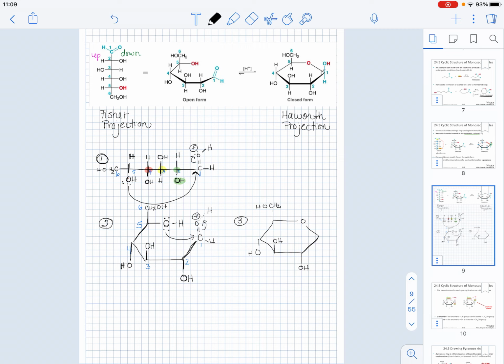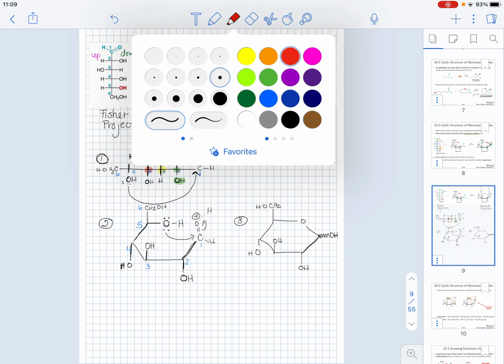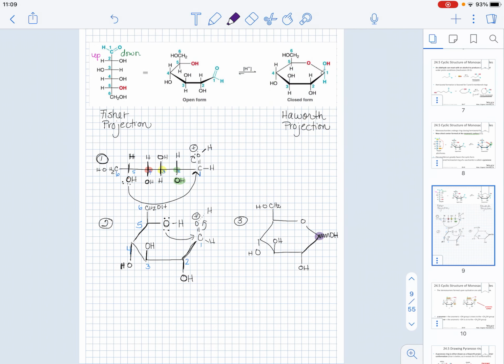Now, understand that at this point, I'm going to draw the new chiral center, or the anomeric position, as a squiggly line. And the reason is because this new chiral center that is created here, the anomeric position, can have different conformations.